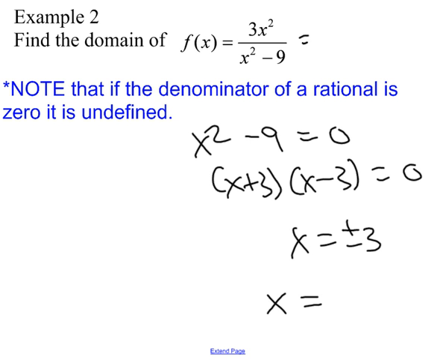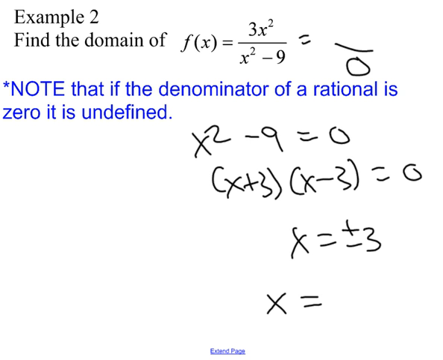Why not? Well, because if you use plus or minus 3, you're going to have 0 in the denominator. Try 3 for it. 3 squared is 9. 9 minus 9 is 0. So you're going to have 0 in the denominator, which you cannot have.